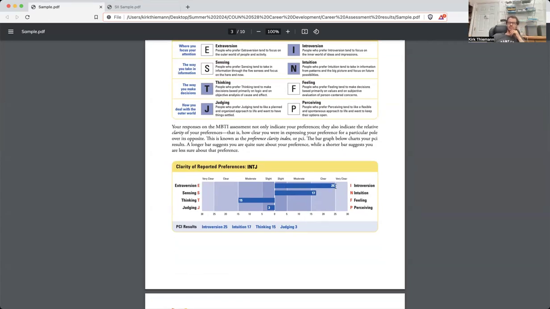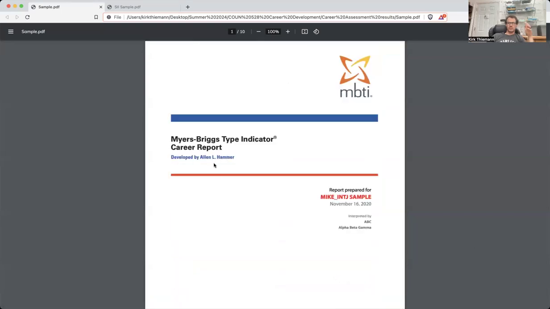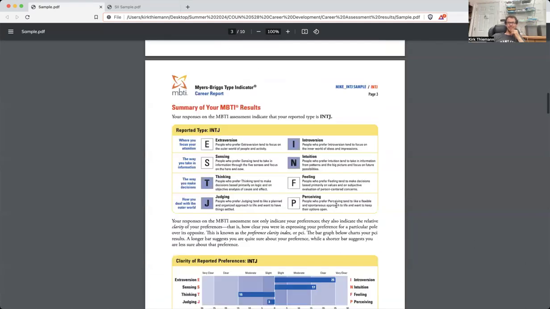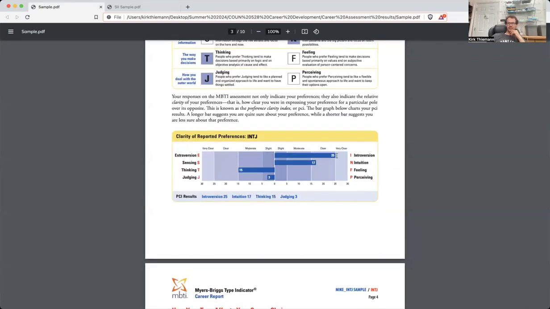We see here in this sample that the preference for introversion is very clear, or right on that cusp of clear and very clear. This person, Mike Sample, has a pretty clear introversion preference. But that doesn't mean they can't engage in extroverted activities.